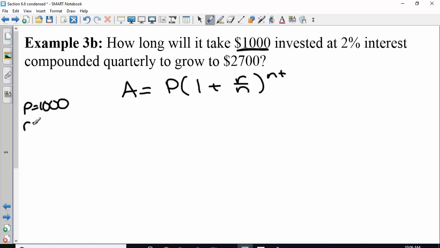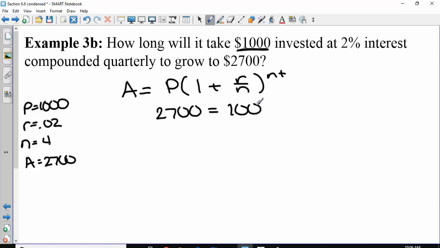Present. 2%, so the rate is 0.02. Compounded quarterly, so n would be 4. What's the 2,700? A. We plug in.